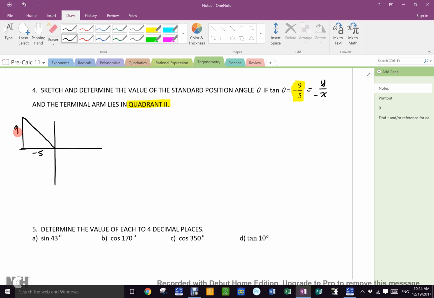So now I am looking for an angle. Is that tan or shift tan? Shift tan. So I must go shift tan of 9 divided by negative 5. Correct?